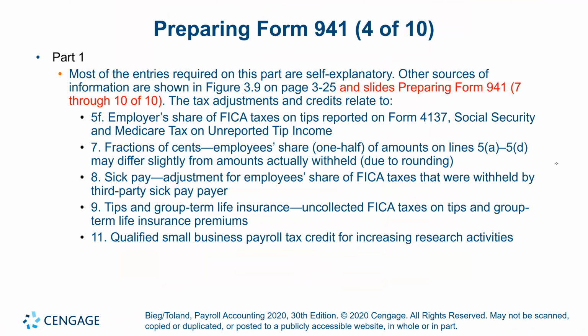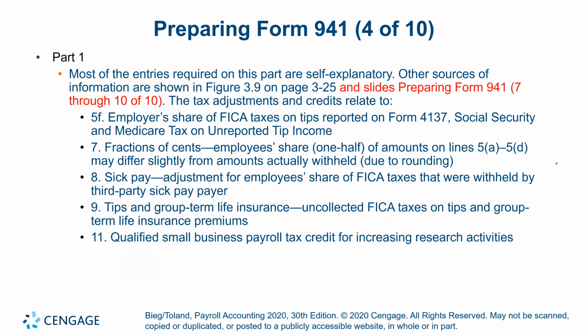Again, just like it shows here, part 1, and we looked at part 1, the top part is the information, company name, employer identification number, all that jazz. And then each individual section here.